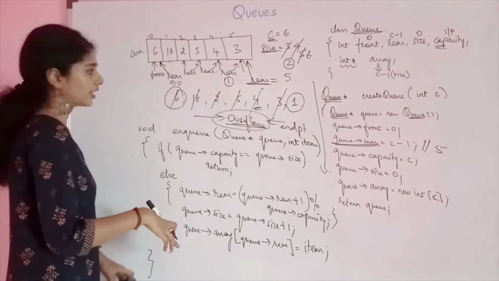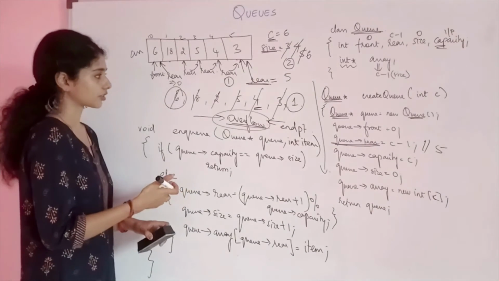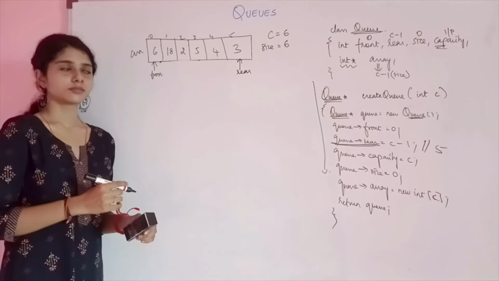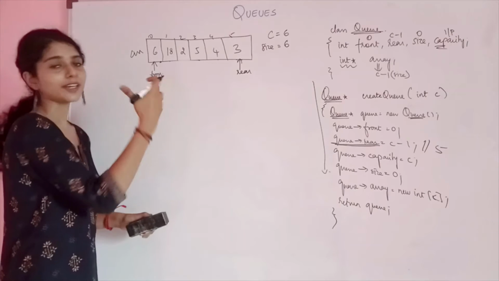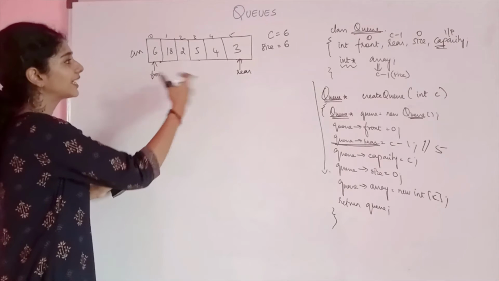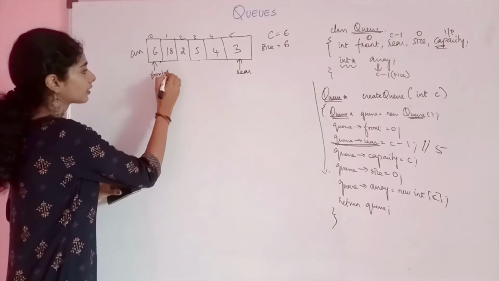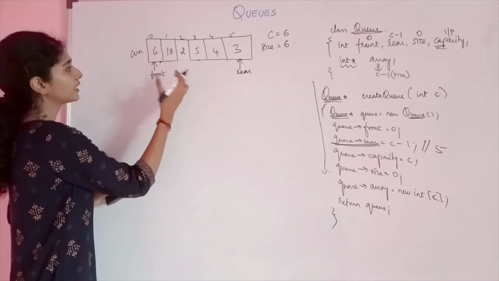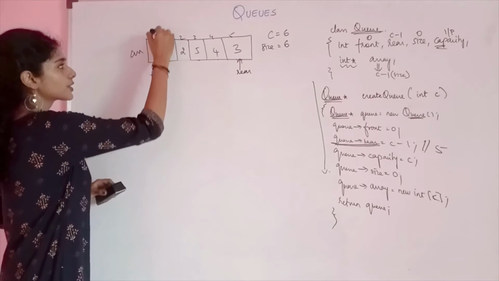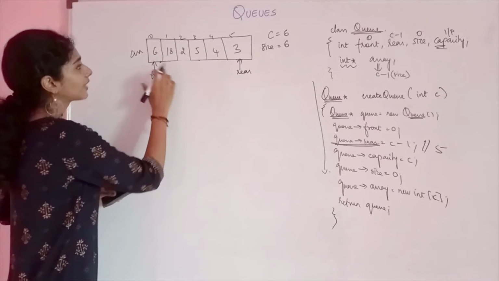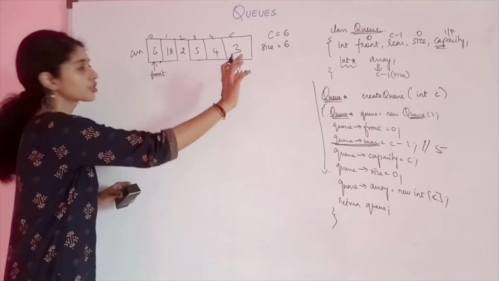I hope you understood it. Now let's look at the DQ operation. During the DQ operation, what will happen? The elements will get deleted from the frontmost position, because the first element inserted will be the first element to be deleted. So 6 will get deleted first, and then 18, and then 2, and so on.